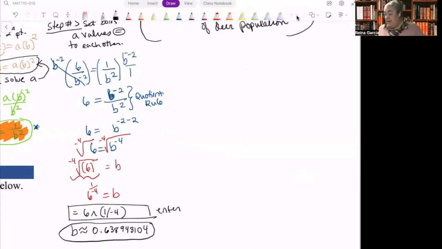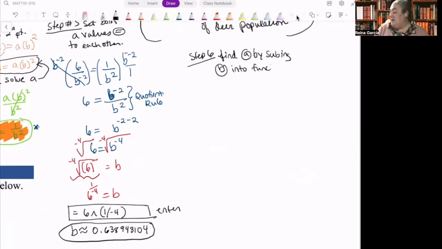Once you have found your b, now you can move on to step 6, which is find a by subbing b into function form.